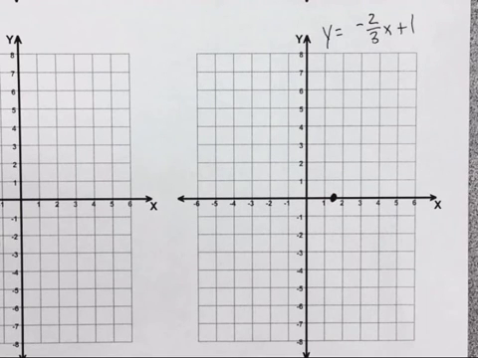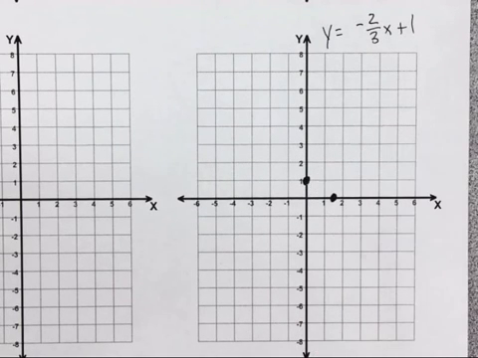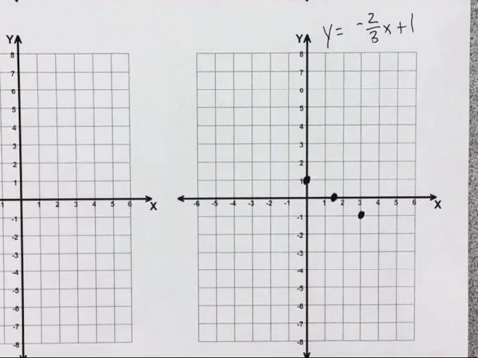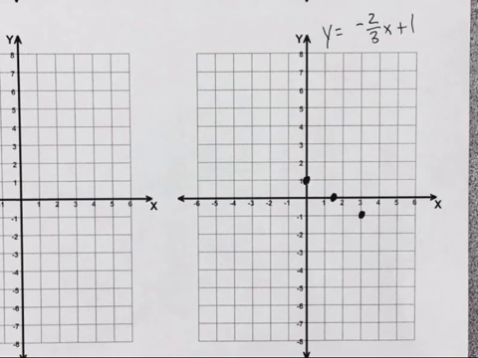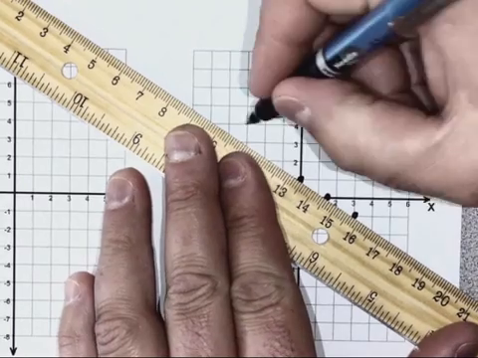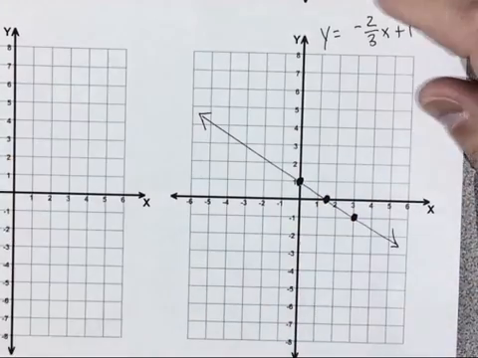So there we got that point. 0, 1. That's our y-intercept. So that's here. And then our test point, 3, negative 1, just to make sure that lines up with the other two, and it does. Okay, so then let's graph that line connecting our dots, and that should give us the graph of that linear equation.